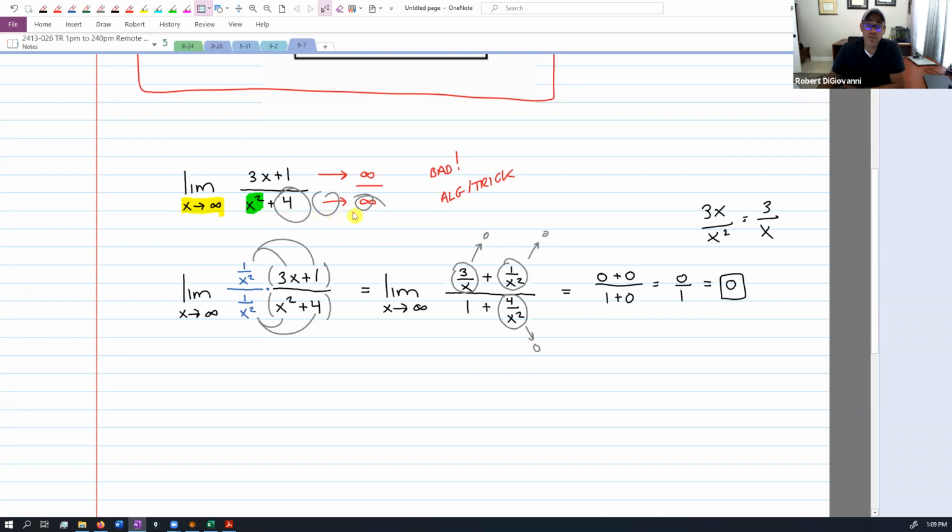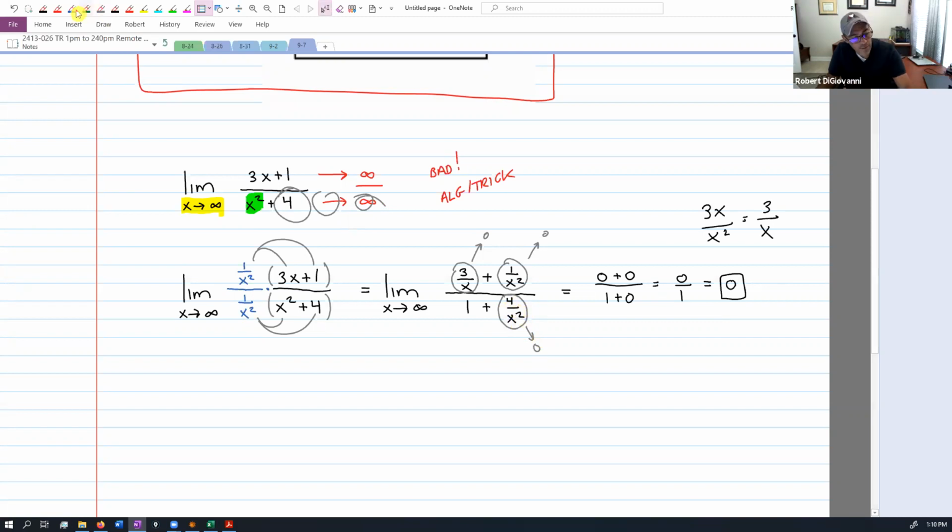What would all of those do when I take the limit? What did the 4 do? It turned into 0. It's going to go to 0, right? Because x squared is the highest power down there, so definitely it's going to be a higher power than the 4. So this thing should go to 0.